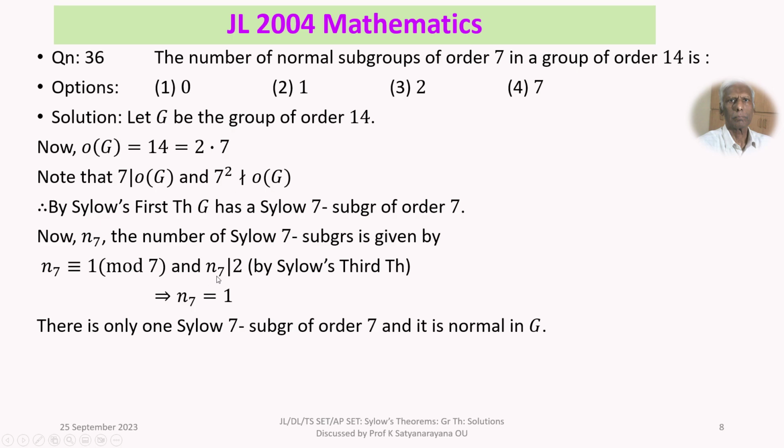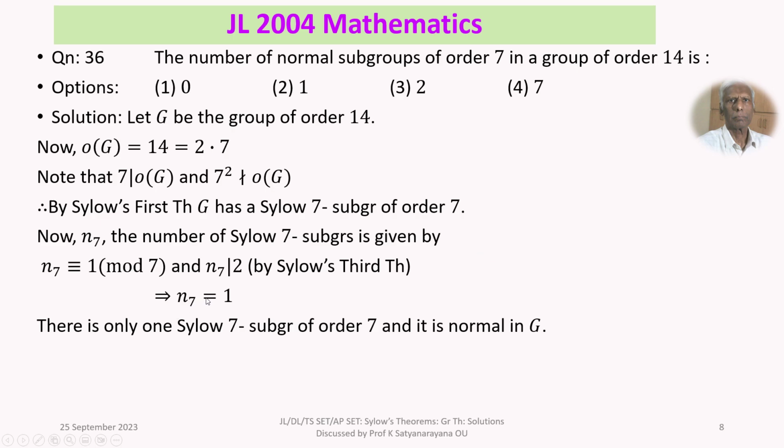And n7 is congruent to 1 mod 7, which will give you 1, 8, 15, etc. n7 divides 2 will give you 1, 2. What is the commonality?